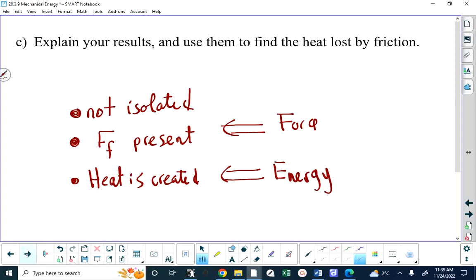These two things, the force of friction and the heat, are as different to each other as the color of a cheesecake and the flavor of a cheesecake. They're different things. Are they related? Yes, because if the color of the cheesecake is black, the flavor is probably going to be different because I overcooked it.